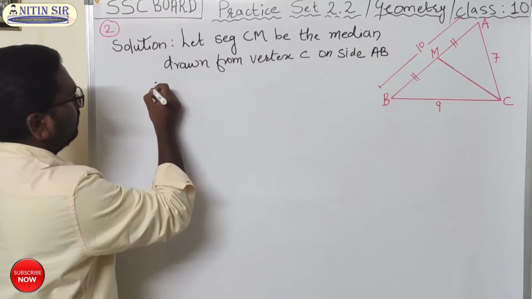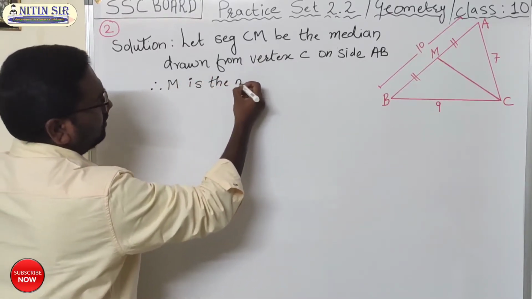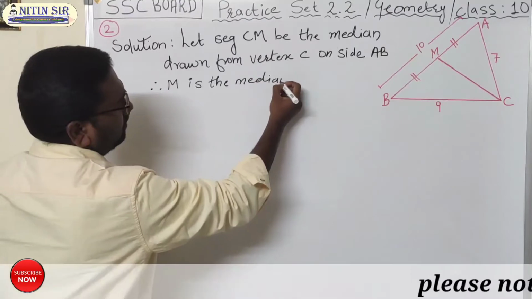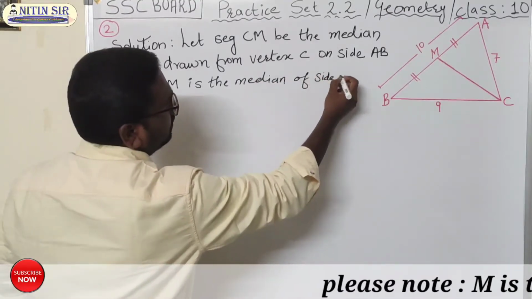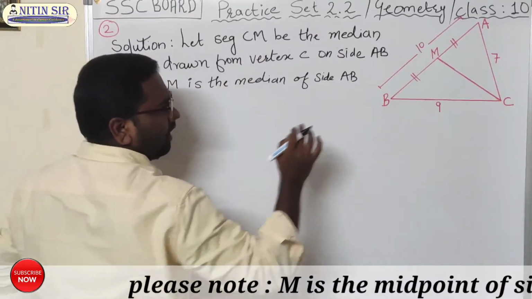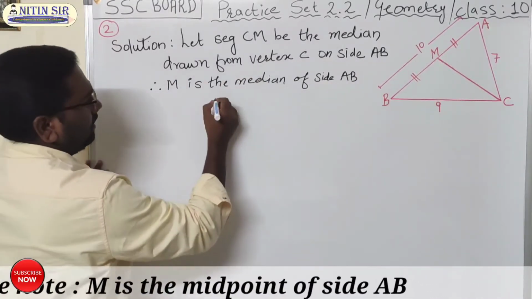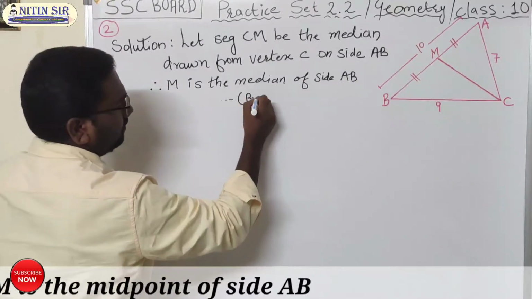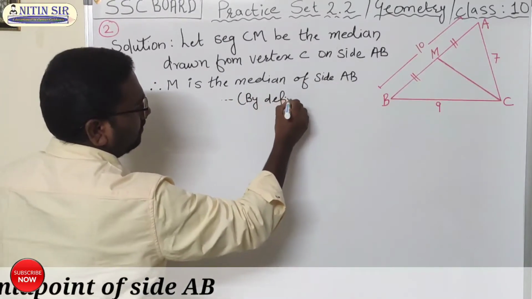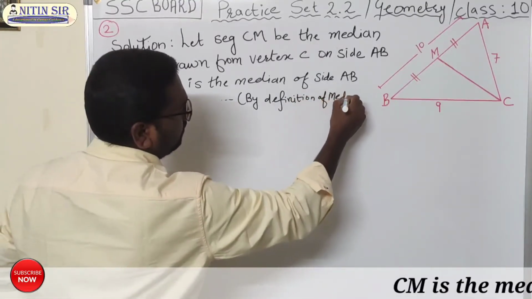Therefore M is the midpoint of side AB, because M is the median of side AB and median is drawn from C to AB. This we can write by definition of median.